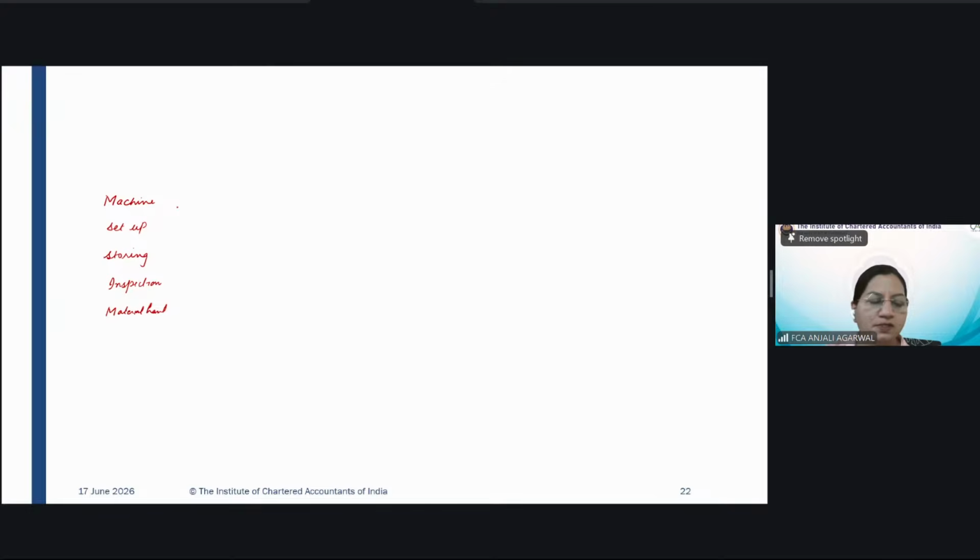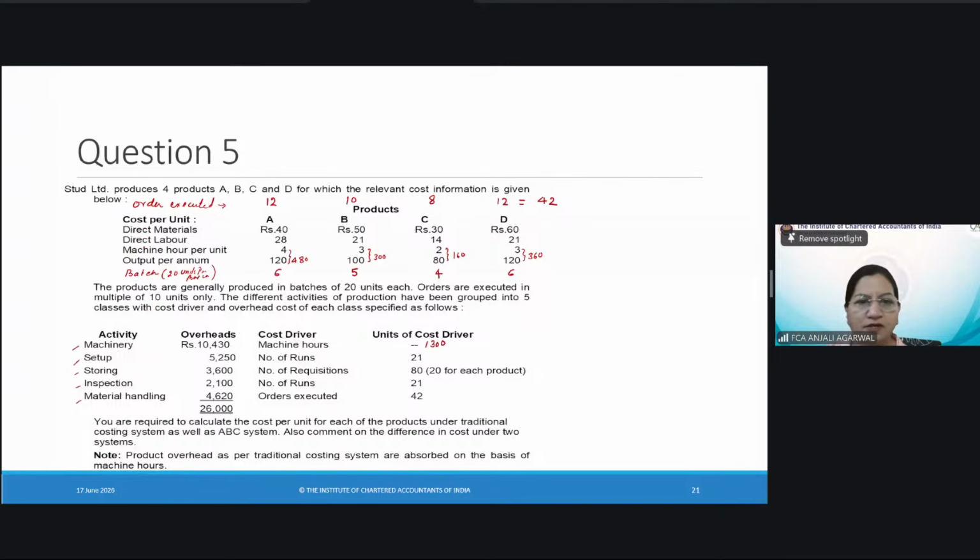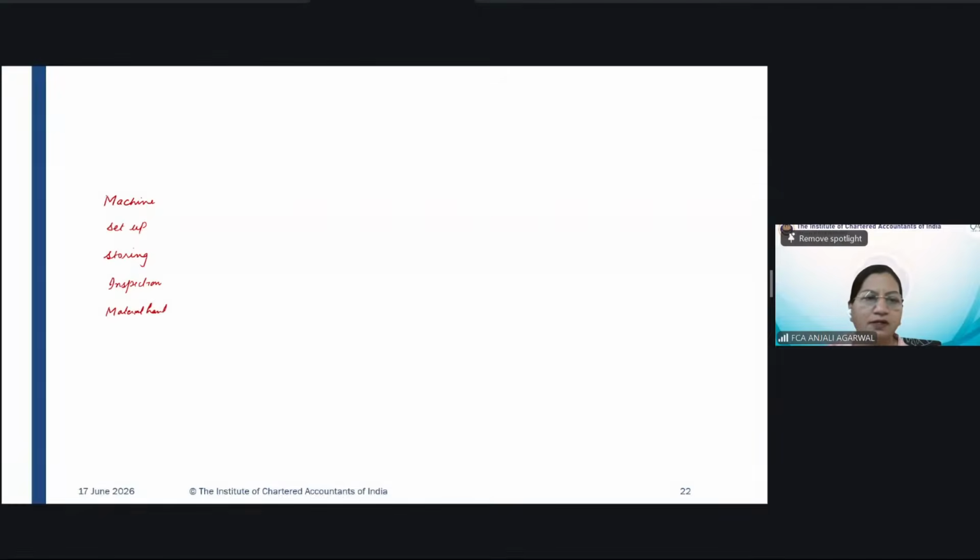What are their cost drivers? So the machining cost driver is machine hour, then run, requisition, run, orders executed. Machine hours, run, requisitions, inspection is also on run, and orders executed. So this is the activity, and this is the cost driver.